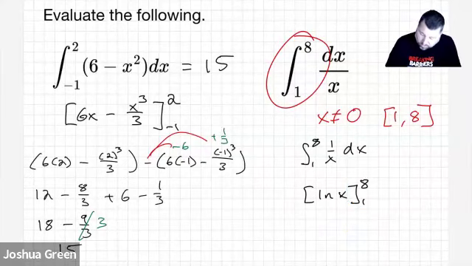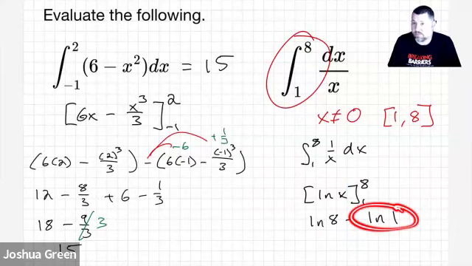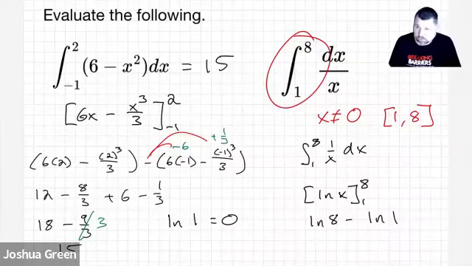Just make sure you see here, technically there's not much we can do when I go to that subtraction part. I'm going to plug in the 8 minus plug in the 1. Watch out for stuff like this. The natural log, or any logarithm, of 1 always equals 0. So here we'd find it's just the natural log of 8.